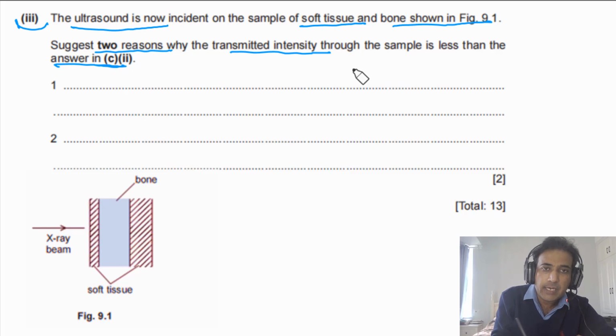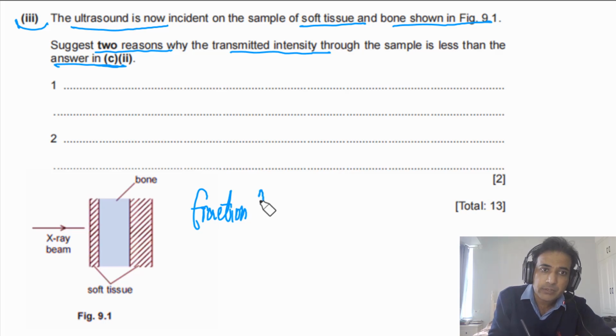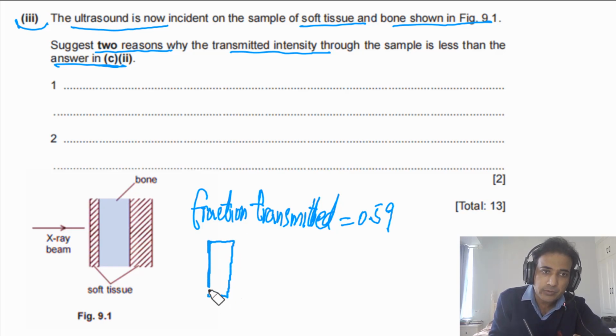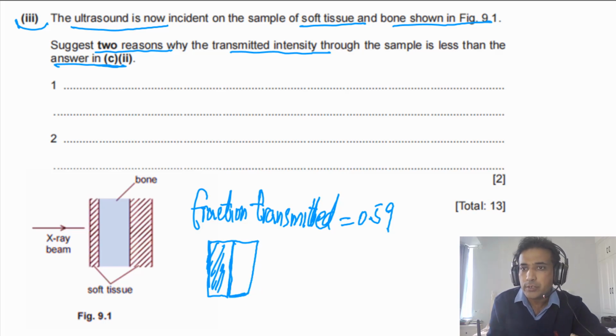In the second part, we found that the fraction transmitted is equal to 0.59, and in that case we have just considered one boundary. So we said this is the soft tissue and here is the bone. We just considered one boundary, so this is the point you need to understand.